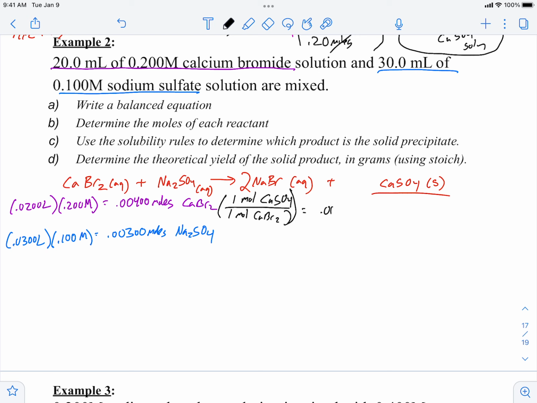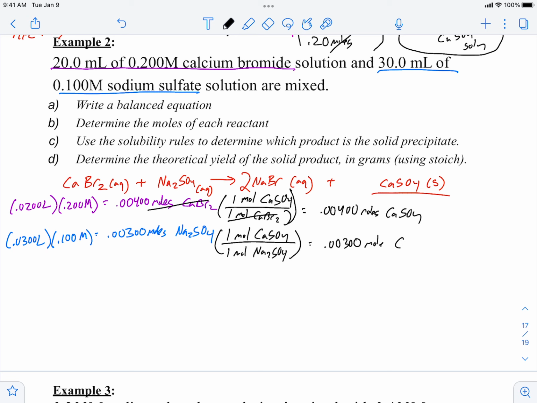So no change to the number, but the unit changes. Okay, we'll do it again. This time we're canceling sodium sulfate. Again, no change to the number.